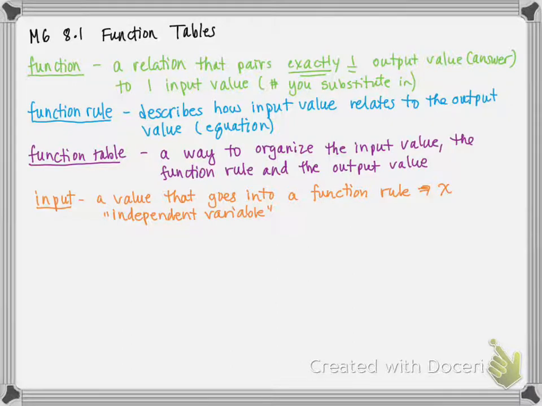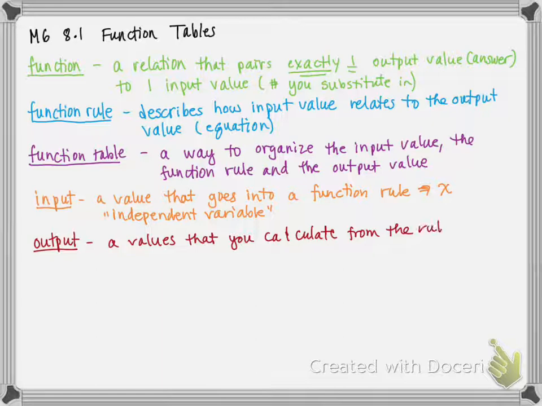Now, based on what you choose for x, there is exactly one answer that can come out, and that's called the output. Output is a value that you calculate from the rule and input value.